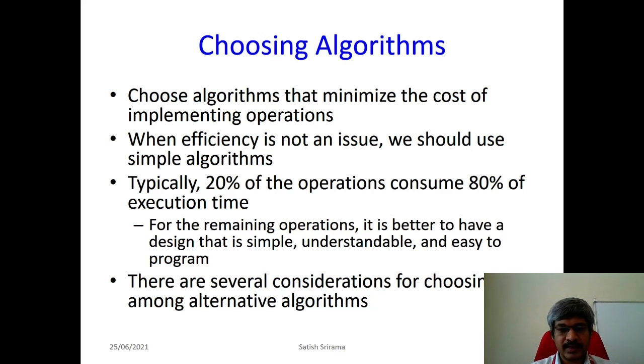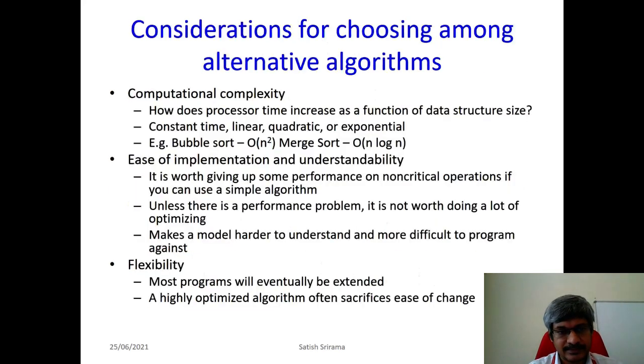So the design can be simple there. Of course, for the complex things, which are consuming the 80% of execution, if you want to find an algorithm, there are several considerations for choosing the right algorithm among the different choices you have. Let's try to look at them.